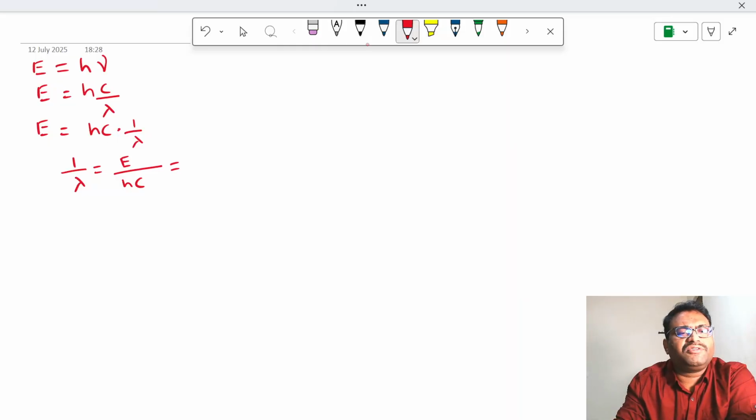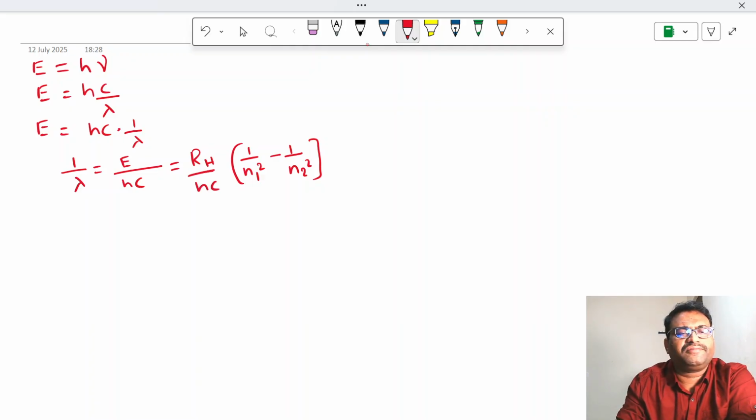E we have already seen, E is nothing but RH into 1 by N1 square minus 1 by N2 square. Now E is this one, and hc also we have to write.